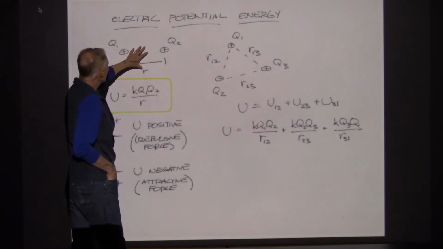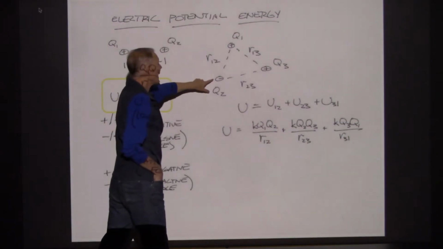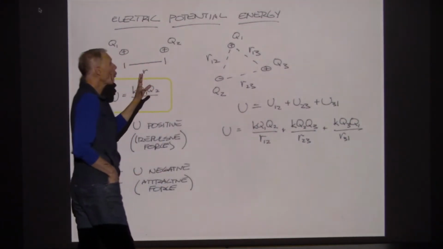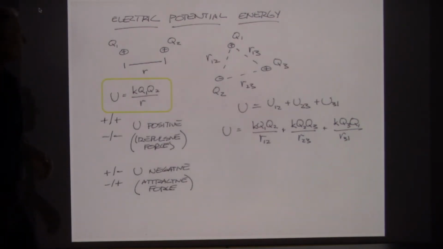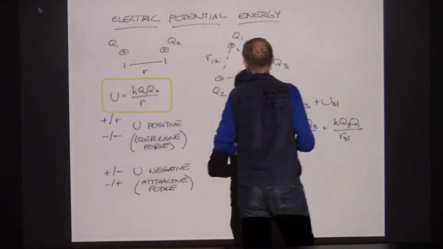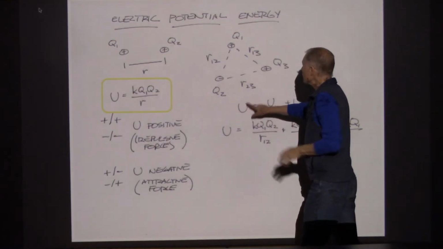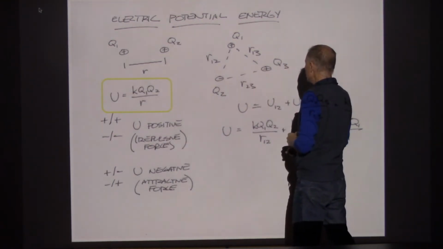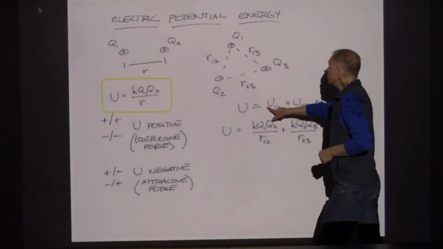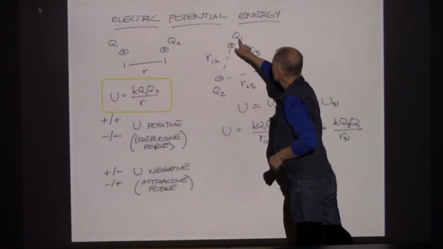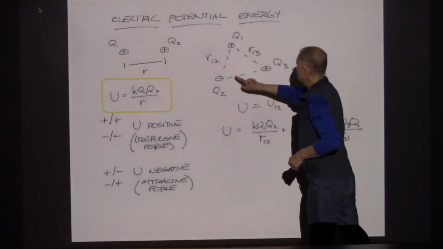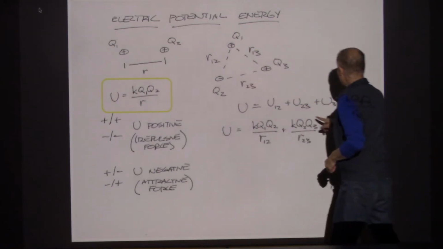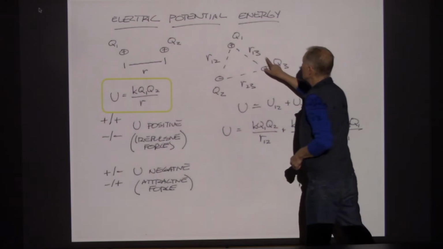What happens now if instead of two charges, I have 3, or 4, or 5? What happens if I have a series of point charges? Well, we can write out that the total potential energy is related to the potential energy between Q1 and Q2, the potential energy between 2 and 3, and the potential energy between 3 and 1.